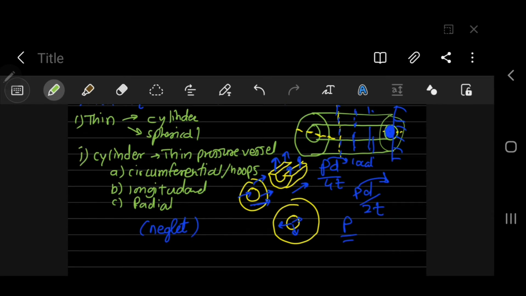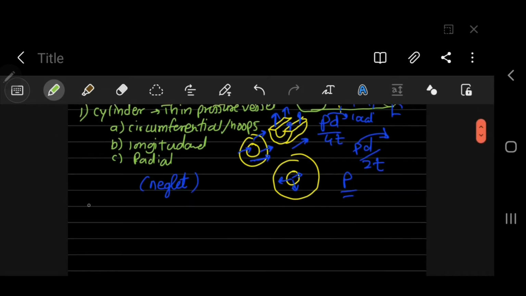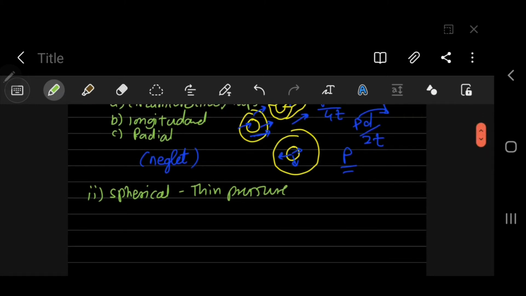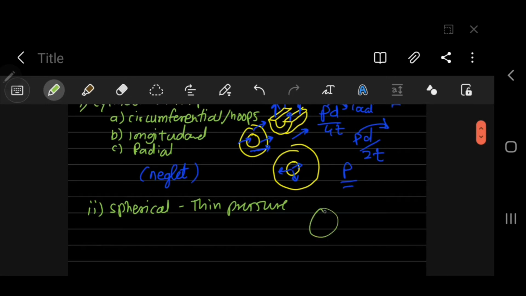Now we will cover the stresses in the spherical section, the spherical thin pressure vessel. As we know, the sphere is symmetrical, so the magnitude of circumferential stress and longitudinal stress will be the same, and this will be along the radial direction.